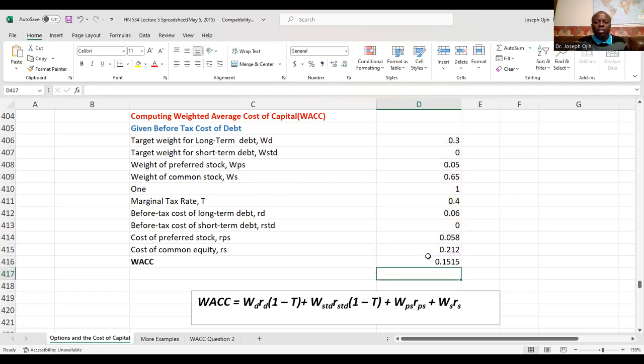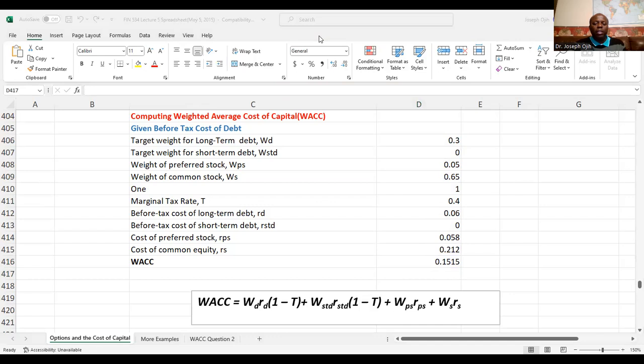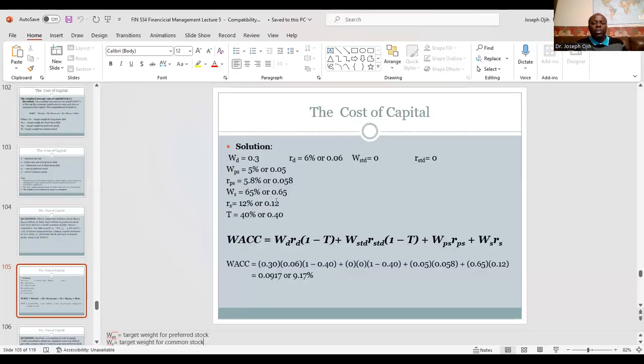Okay, I must have missed something here. I will take the average cost of capital. So let's see. Let me see where the mistake comes from. All right, let's take it to where I got my inputs to get the mistake corrected. I think RPS is 0.05, okay. Then 12%, 6% for this, okay. WPS is 0.05. Let me make sure of everything.